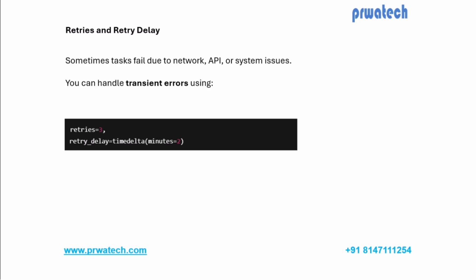You might ask why tasks fail. There are several reasons, which are API rate limits, temporary database locks, network timeouts, memory or resource spikes.